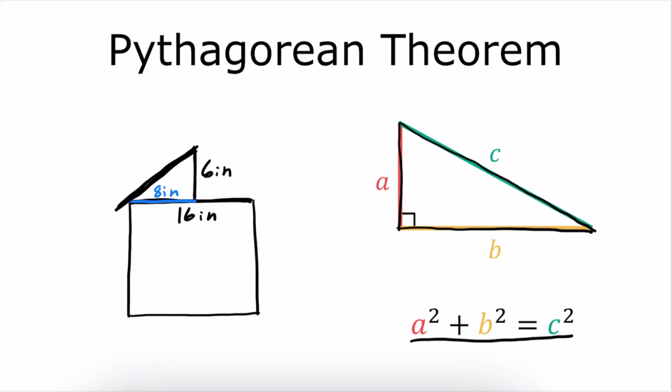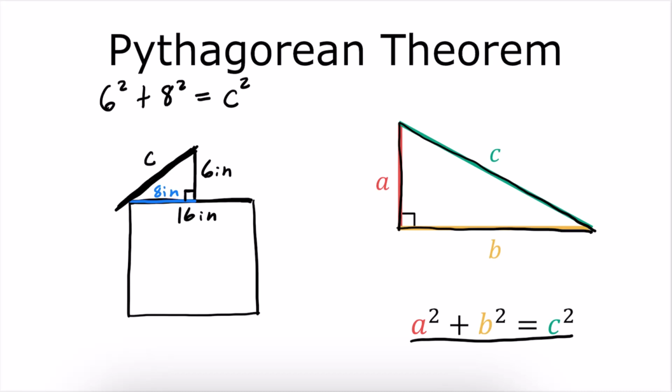Because this shape right here is a right triangle with a right angle here, I can use the Pythagorean theorem. Based on the Pythagorean theorem, I know that 6 squared plus 8 squared has to equal this distance squared. I'm going to call that distance C because that's the same variable that is in the Pythagorean theorem formula.